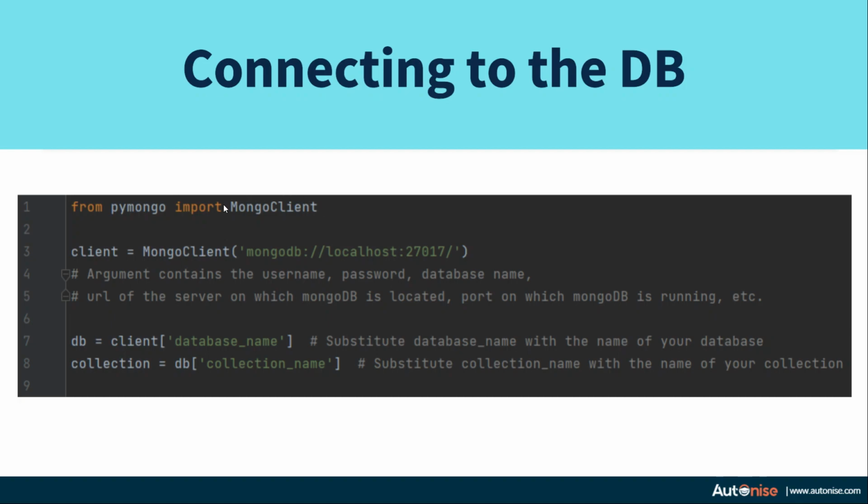To create an object of the MongoClient class, you need to pass a connection string to this class. The connection string will contain the username, password, database name, URL of the server on which MongoDB is located, as well as the port on which MongoDB is running.